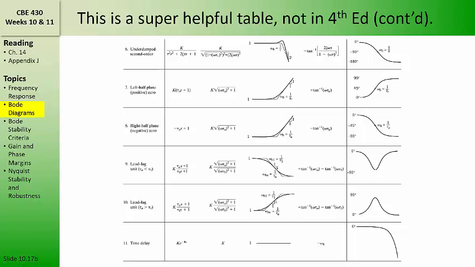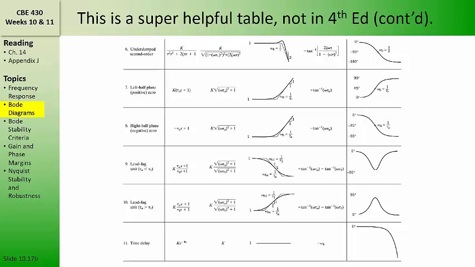One of the reasons I think that this table is helpful is because it allows us to make the connections between the mathematical expressions representing the frequency response and the corresponding graphical interpretations. And it also emphasizes the low frequency and high frequency asymptotic behaviors, which are the limits of behavior of both the normalized amplitude ratio and the phase angle.